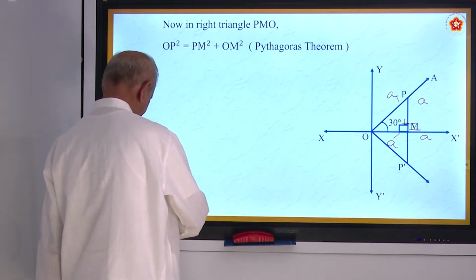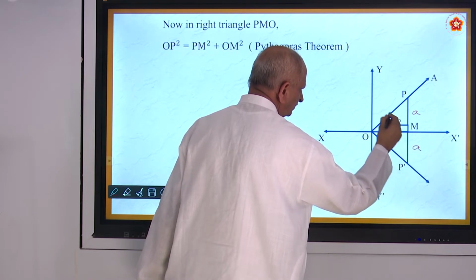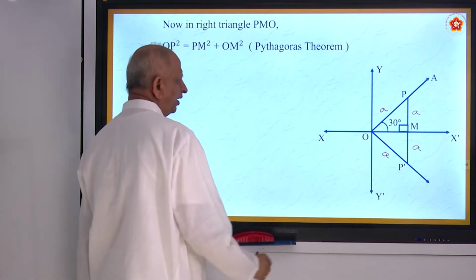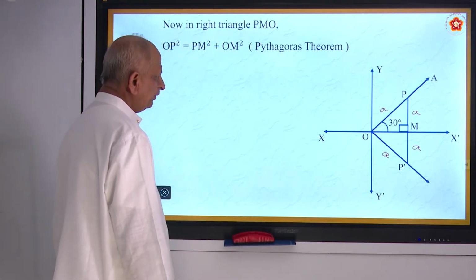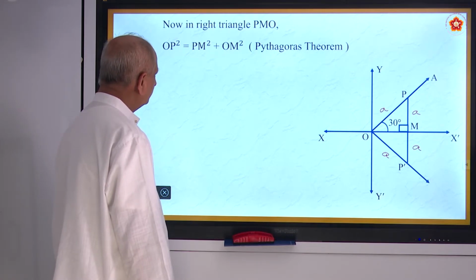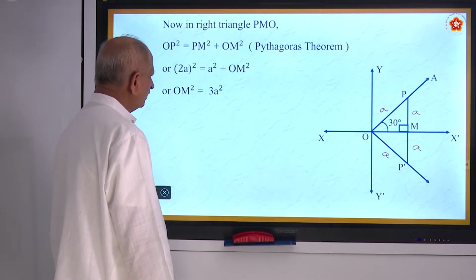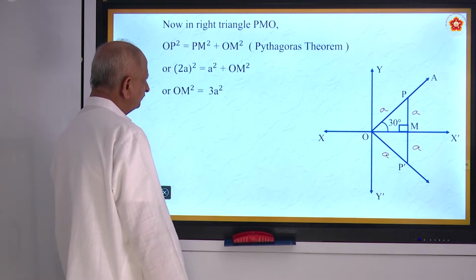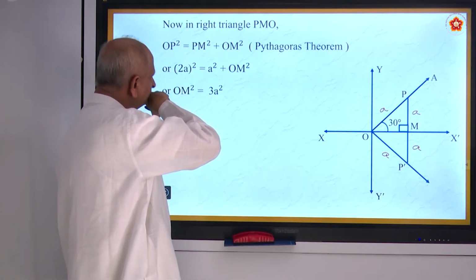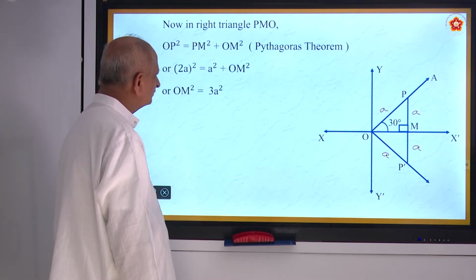So this is A, this is A. Now we are finding OP square. OP square means 2A whole square is equal to A square plus OM square.